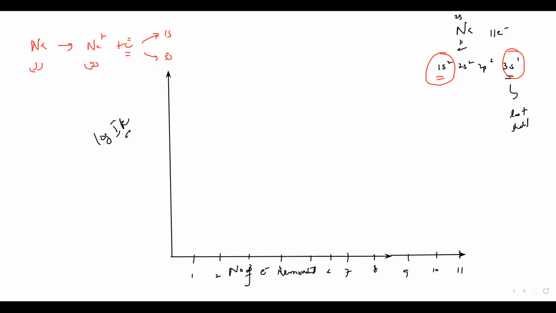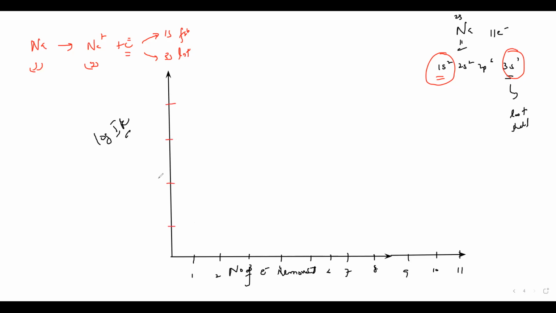The electron is always removed from the last shell, because this is the last shell and this is the first shell. The first shell is closer to the nucleus, the last shell is away from the nucleus, so it is loosely bound. So the first electron is removed from the last shell, and we need less energy.